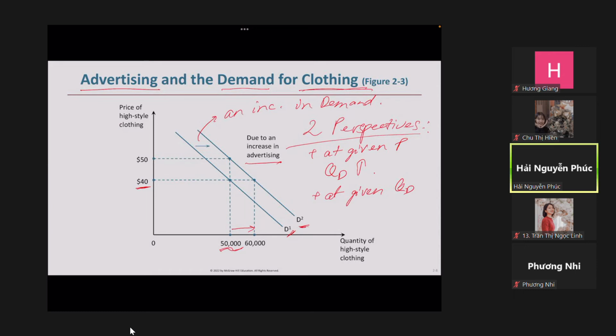They're going to pay $50 for clothes at the quantity of 50. At a given quantity demanded, people are willing to pay more. All right? Tức là gì?